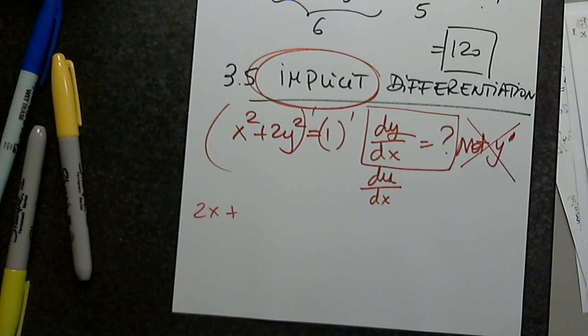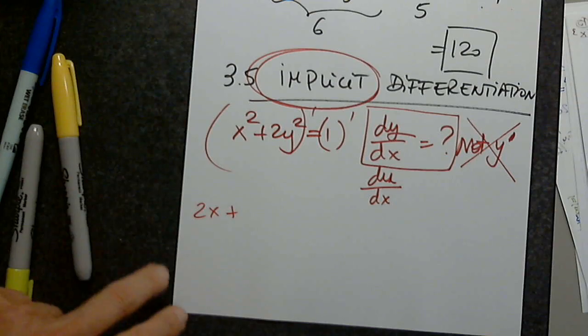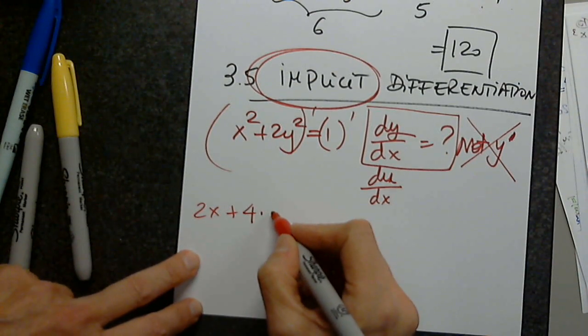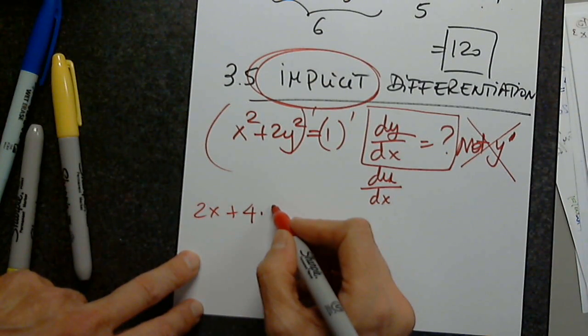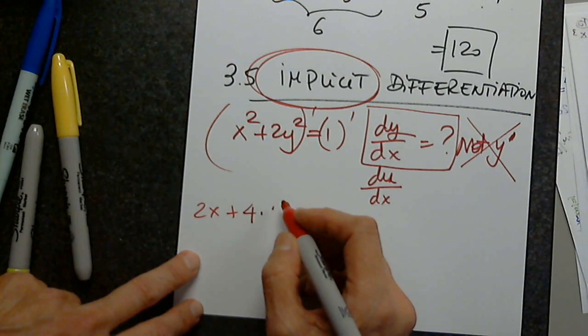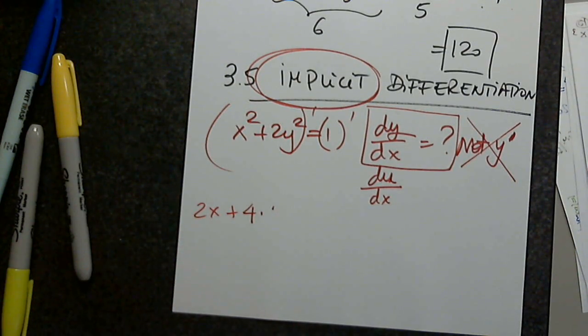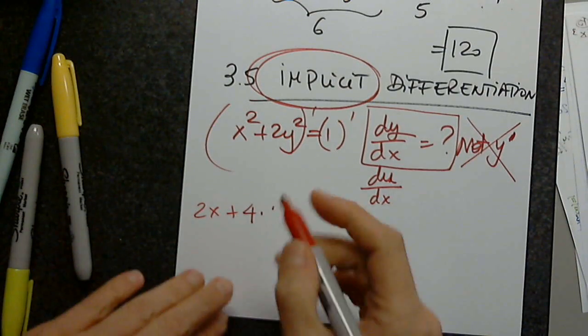I have 2 times the function squared. Bring down 2, so it's 4, times y. No, I didn't get there yet. y squared. One more time. I bring 2 down and I subtract 1 from the power. Very good.